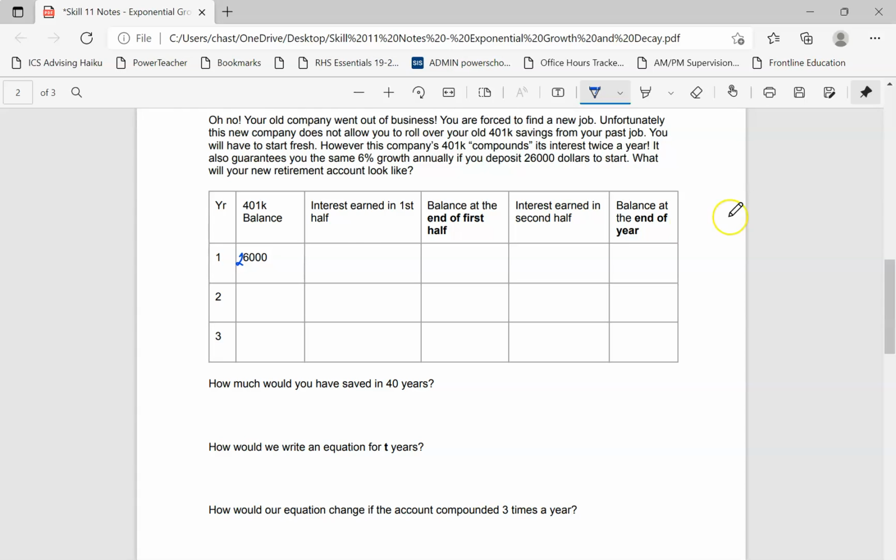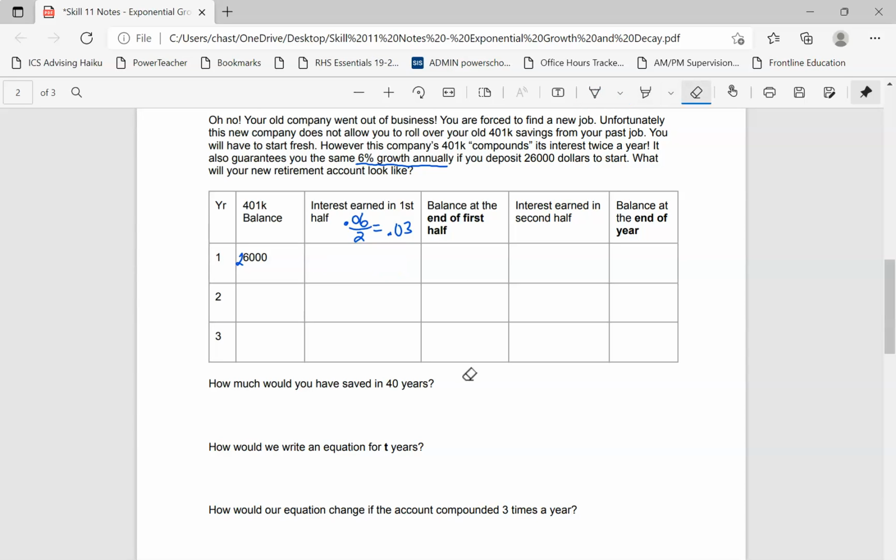Okay, so the interest earned in the first half of the year. We're going to take that 6%, that's your annual, so you take 0.06 and divide it by 2, which would be 0.03. So we're going to take 26,000 and multiply that by 1.03. Let's figure that out. That gives you 26,780.